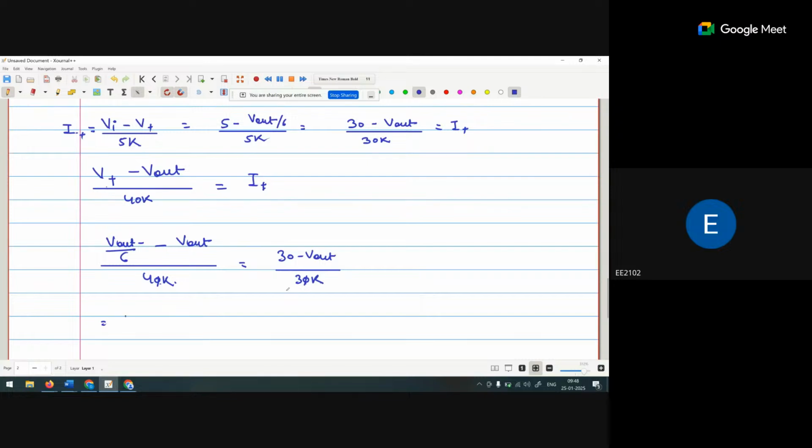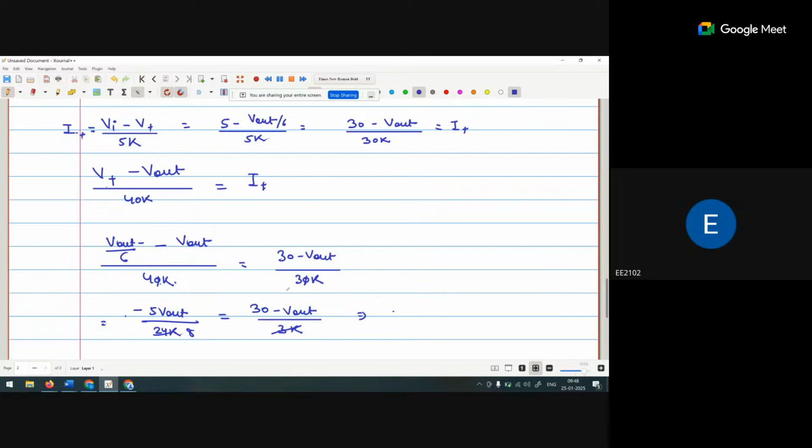If I take it, V out by 6 minus V out is minus 5 V out by 6. 6 and 4, 24K, is equal to 30 minus V out upon 3K. Now again it will cancel out, it will be 8.